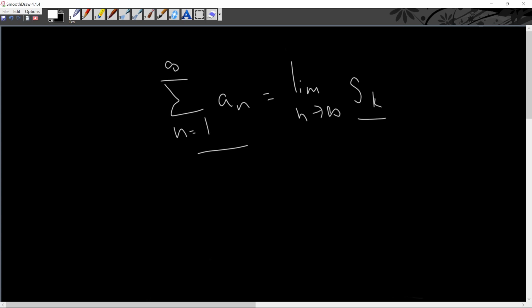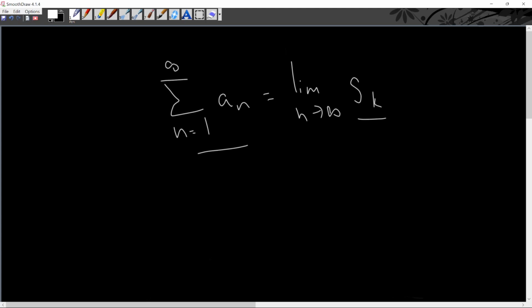So if S sub k is a sequence of partial sums, the sequence of outputs that you're adding to your previous outputs, then if you think of a series as just the addition of every single term, you can think of a series as just the sequence of partial sums.